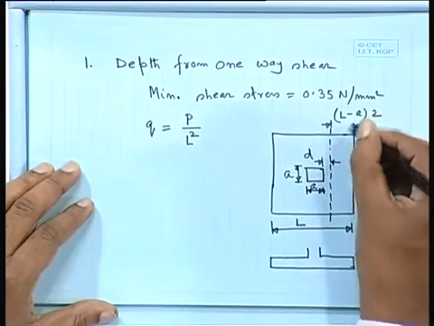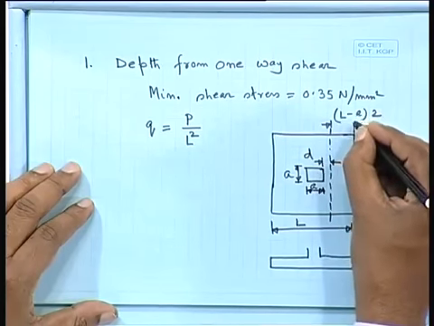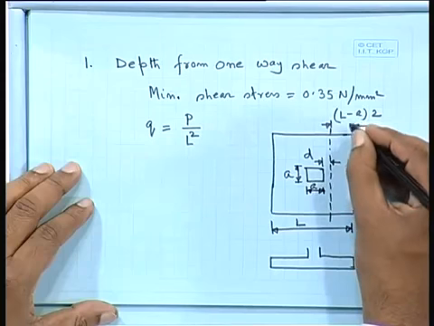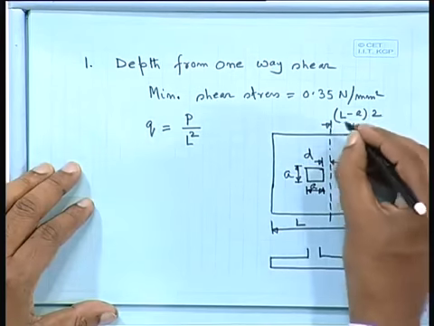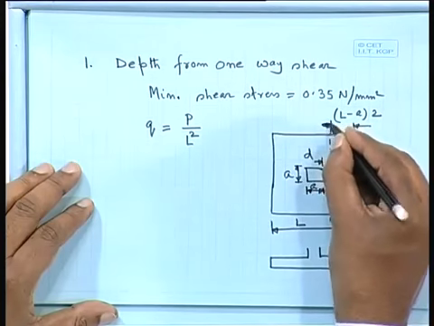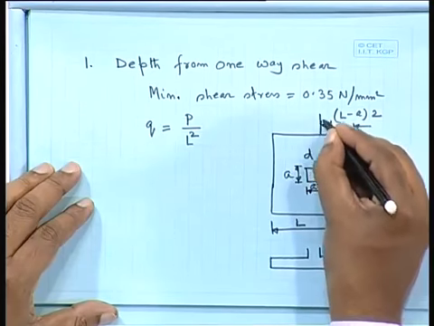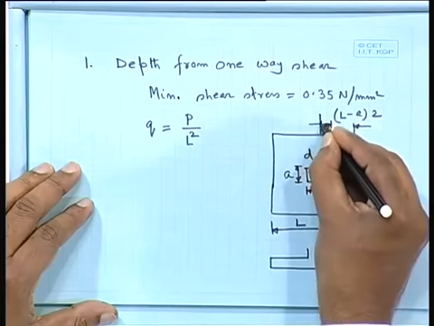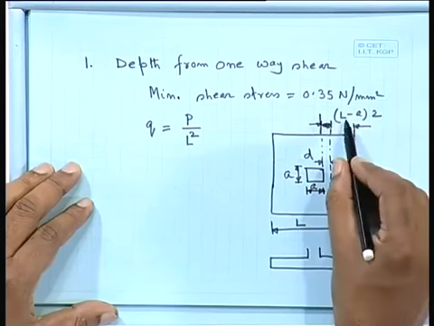So L minus A by 2, from the face of the column.